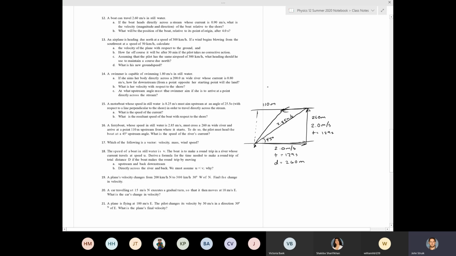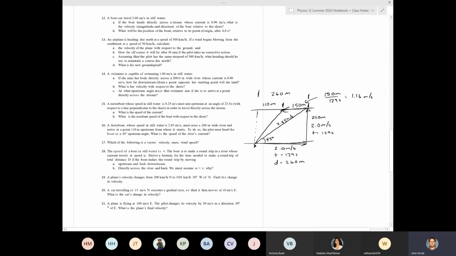So from here to here is 260 meters, which means this is 150 meters from here to here. So if the boat travels forward 260 meters and then back 150 meters because the river is going to bring it back, then it's going 150 meters in 129 seconds, which is the speed of the river. 150 divided by 129 is 1.16 meters per second.